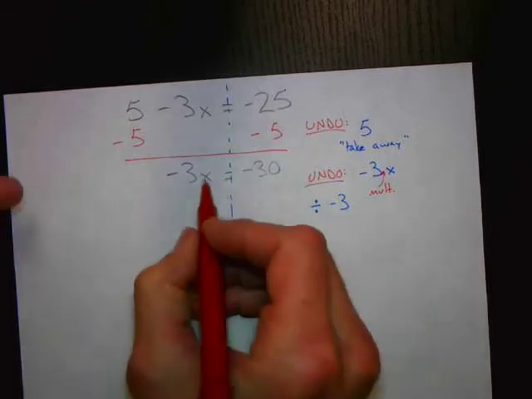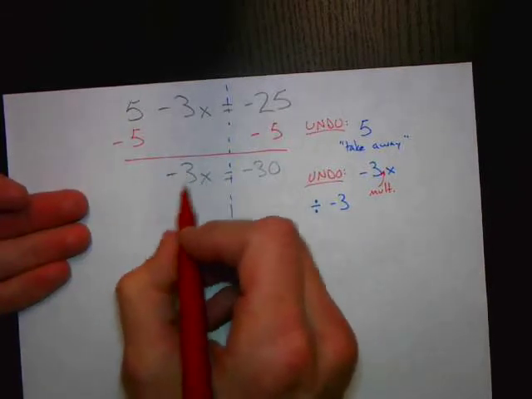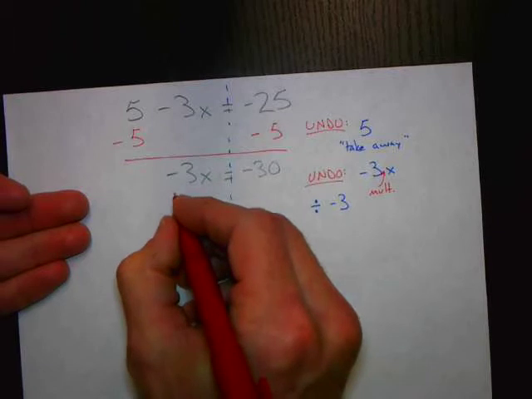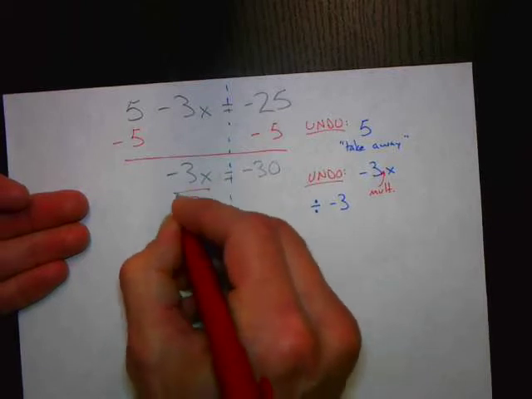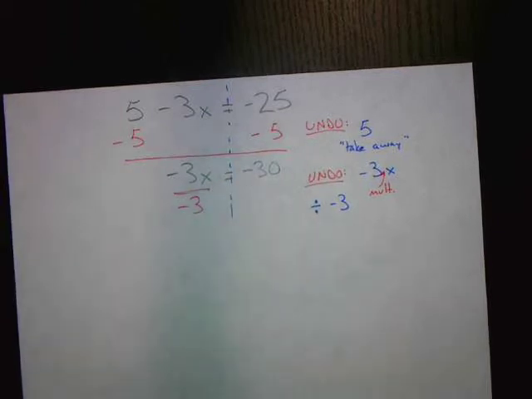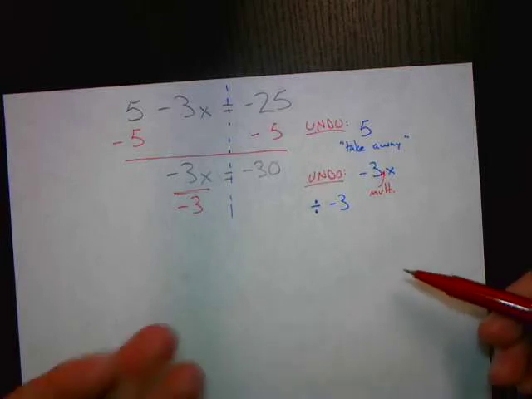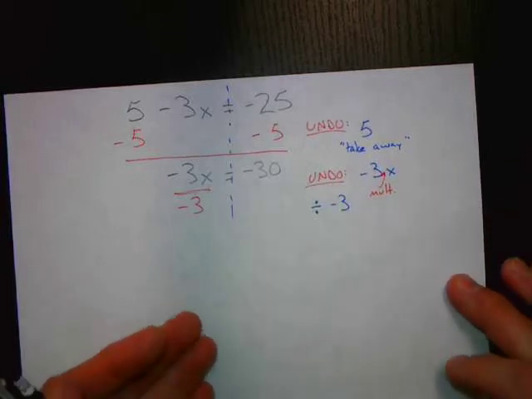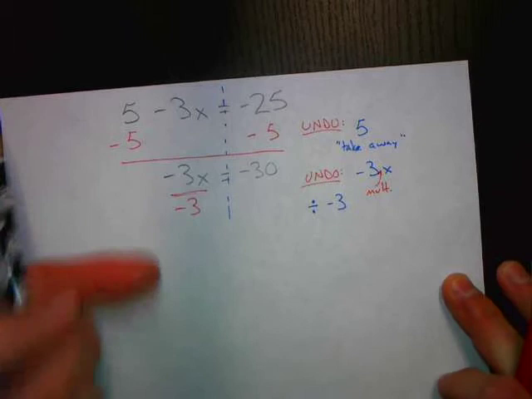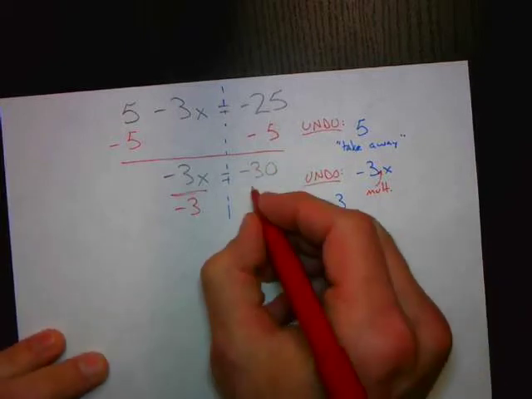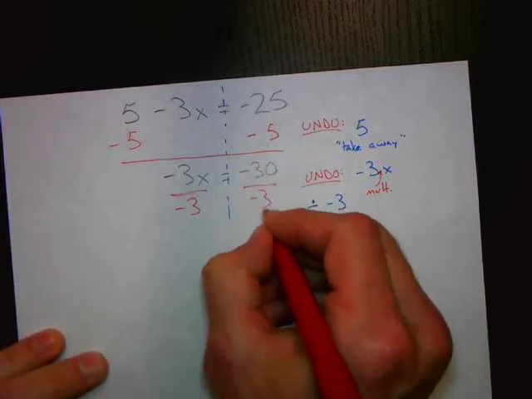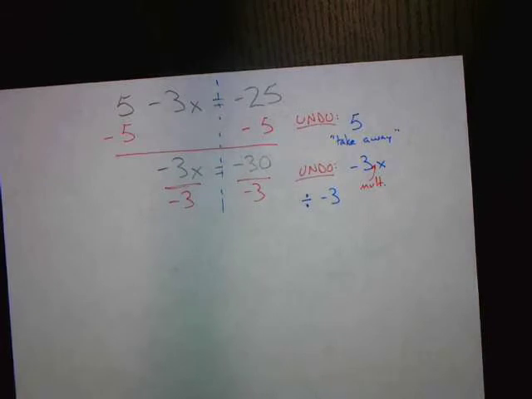So we start here. We're going to take care of this. We're going to undo that negative 3. Since it's currently multiplying, we're going to divide by negative 3. And that will retrace our footsteps to isolate the x. However, if we divide the left-hand side by negative 3, we have to divide the right-hand side by negative 3. Now, what is going to happen here?